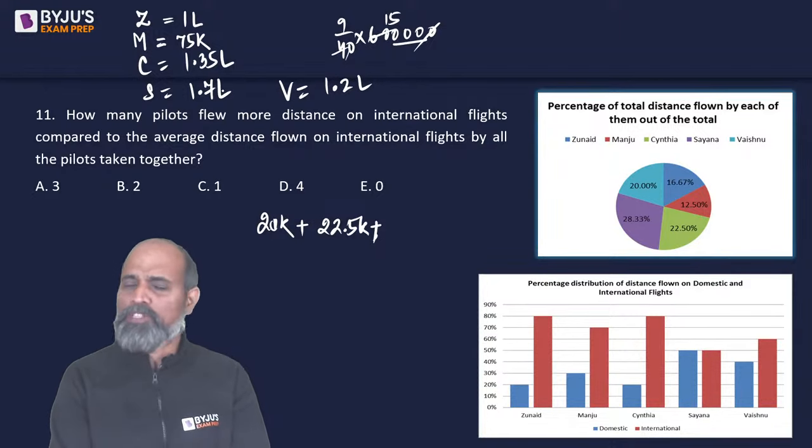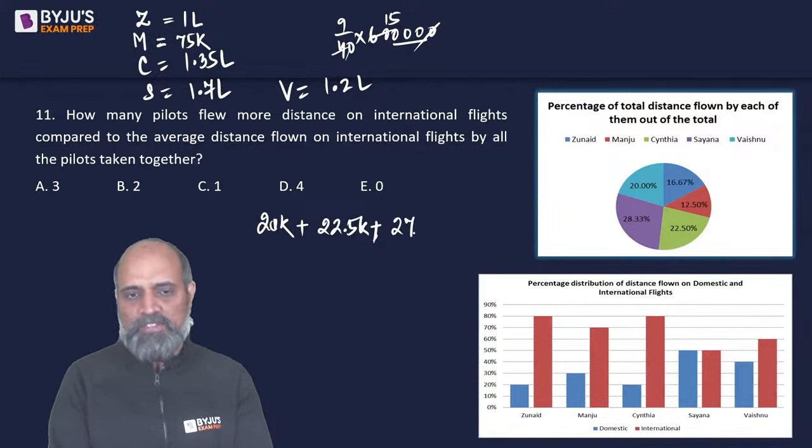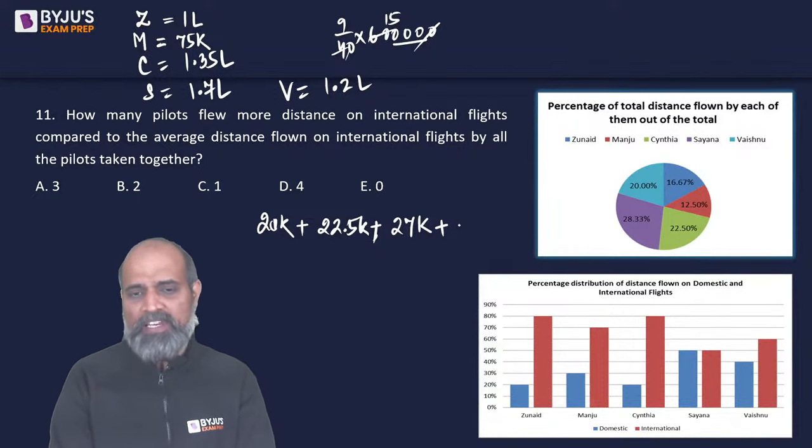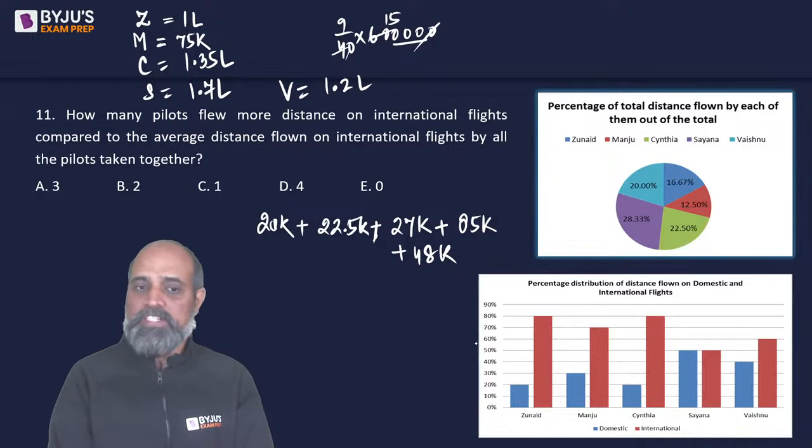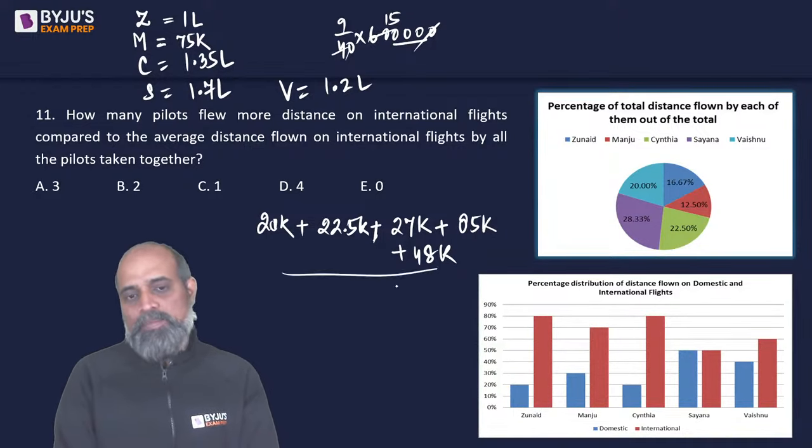Cynthia's is 20% of 1.35 lakh. So that is 27 lakh. Sorry, 27,000. Sayana, 50% of 1.7 lakh, which is 85,000. And Vaishno's is 40% of 1.2 lakh, which is going to be 48,000. Right? इसका हमें average करना है.